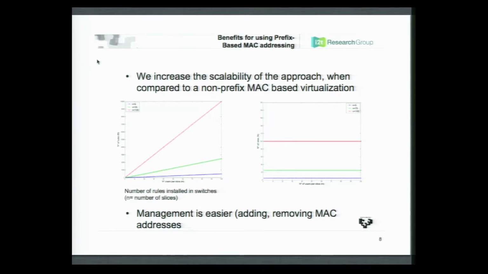But if somebody takes a look in detail, he will see, hey, these guys are using OpenFlow 1.0, I really don't know how they are able to do this. This is because we have a special firmware. The management is also very easy because it relies only on adding or removing prefixes.